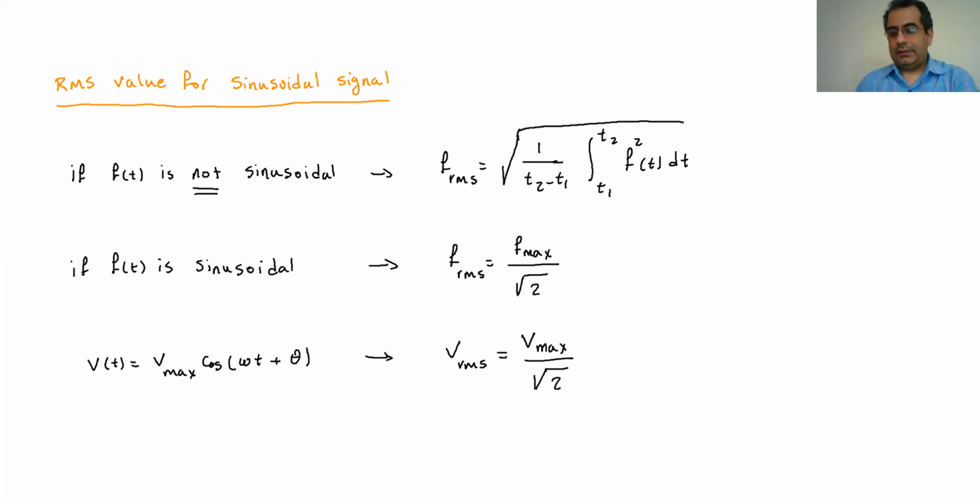So let's look at an example. Assume we have V(t) equal to 100 cosine(100 pi t).